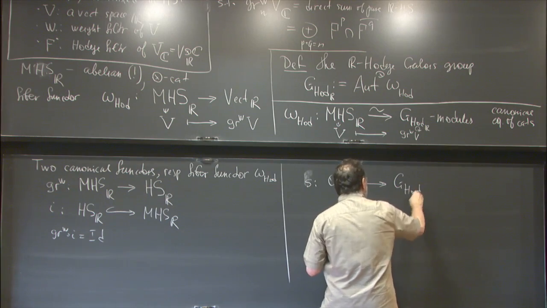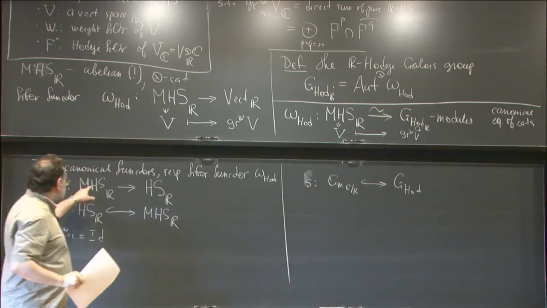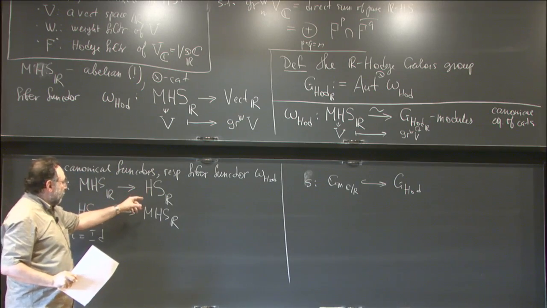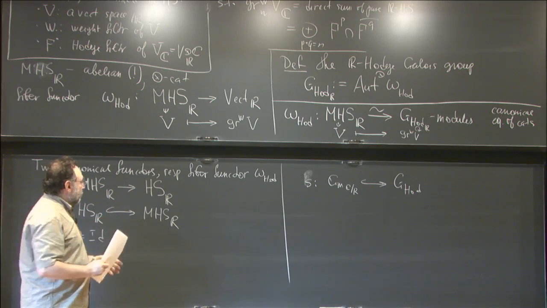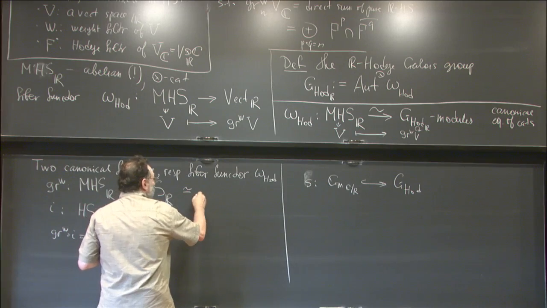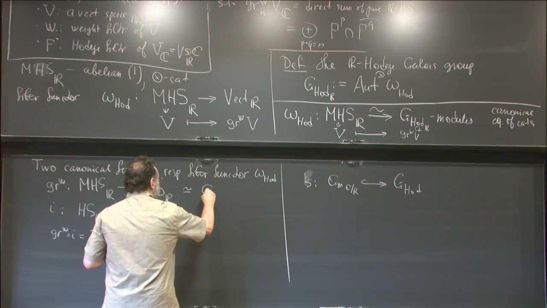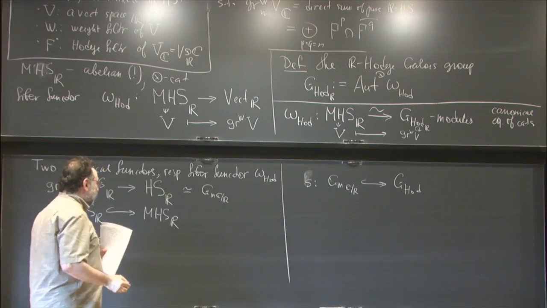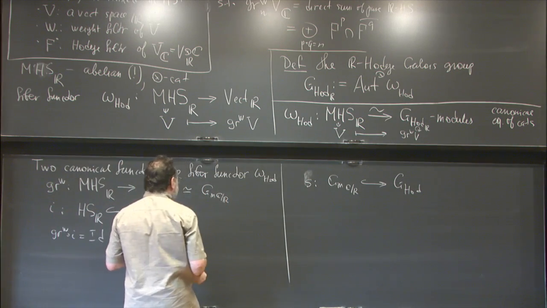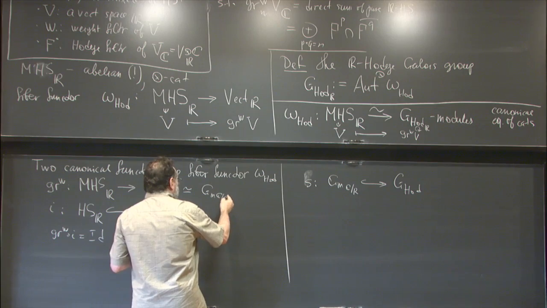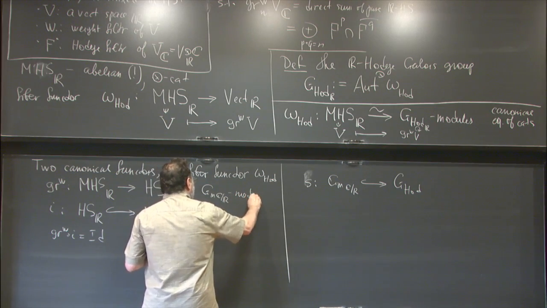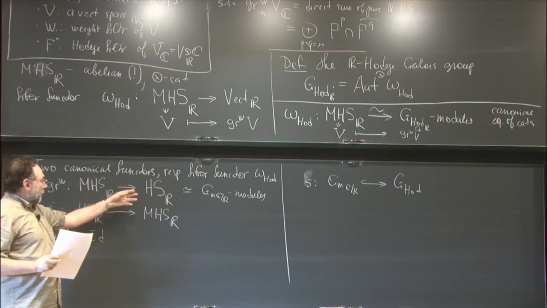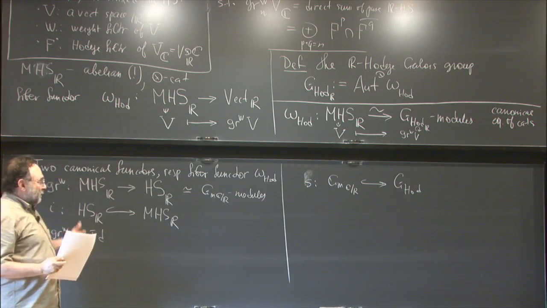So why do we have this embedding? Because we have a functor from the big category, the mixed category, to the smaller category, the pure category. Now this pure category is equivalent to the modules of this G_m, C to R. This is just the group G_m considered with restricted scalars. And because we have functors this way, afterwards these groups map the other way.